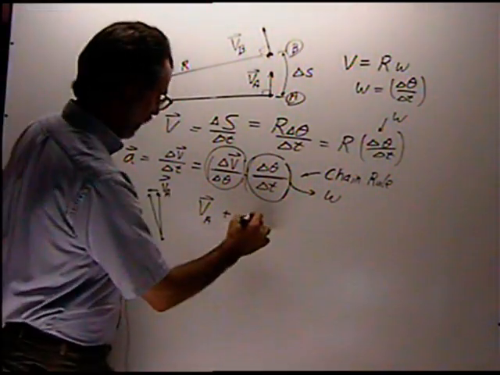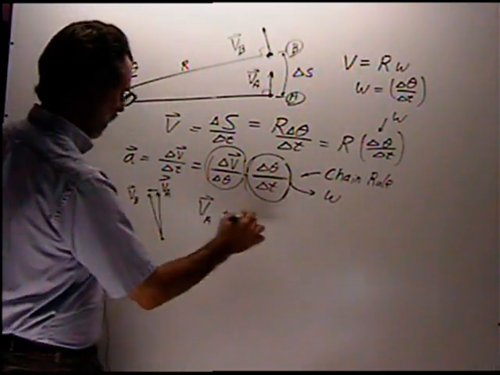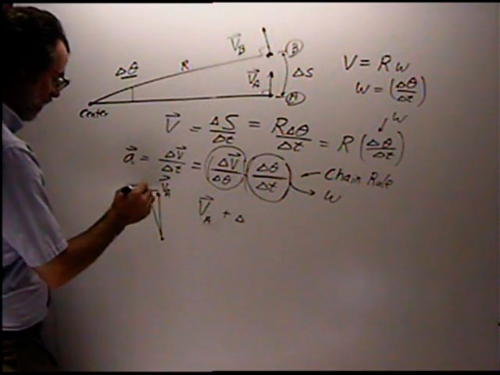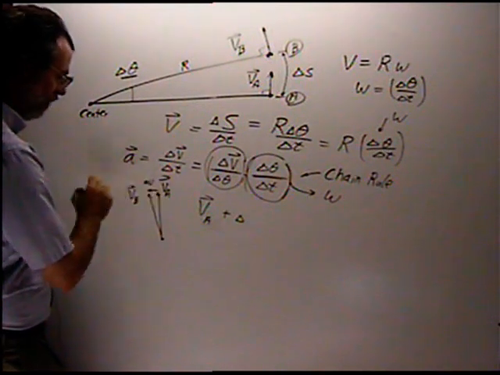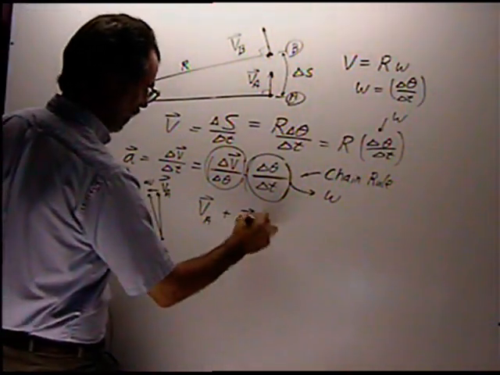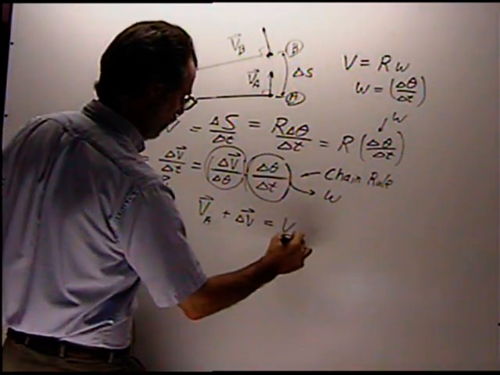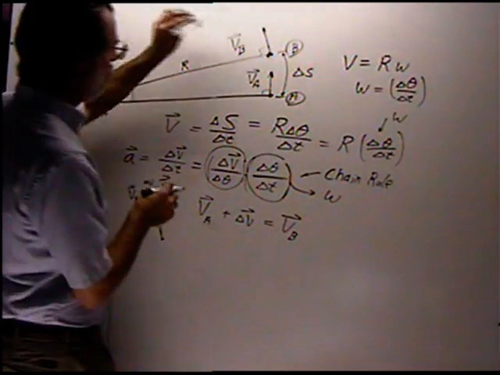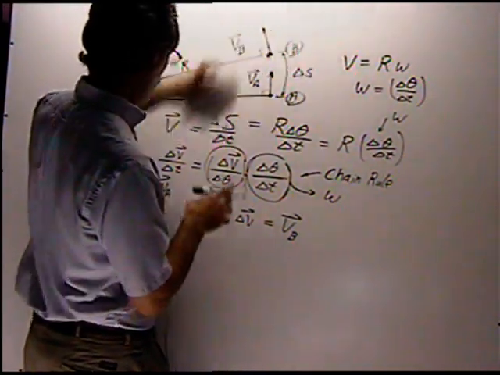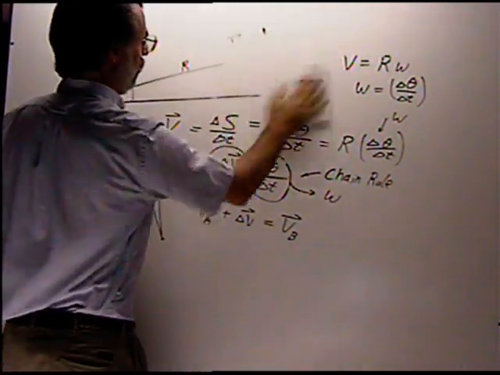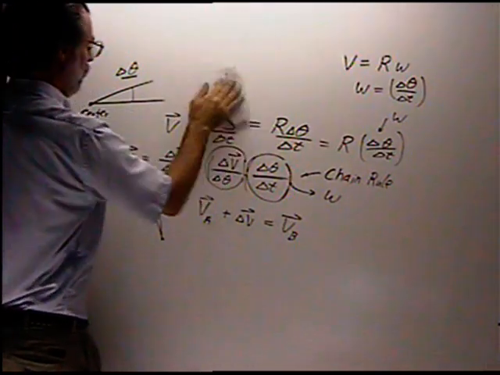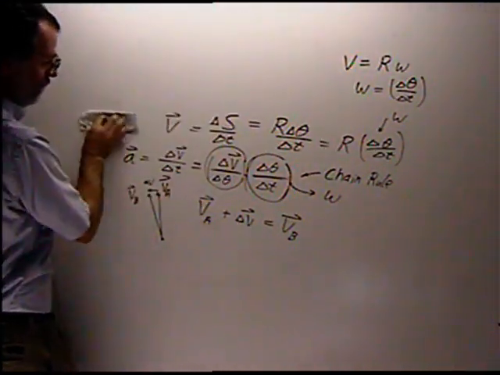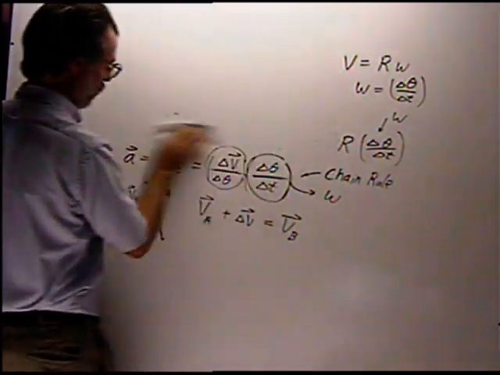I'm going to call that quantity simply delta V, and that is equal to VB. So I'm going to redraw this a little bit better over here, and it goes like this. This is a small diagram. I'm just going to erase this here.